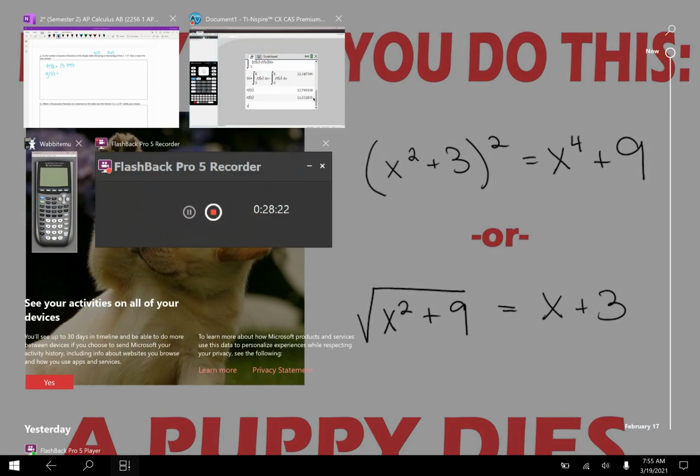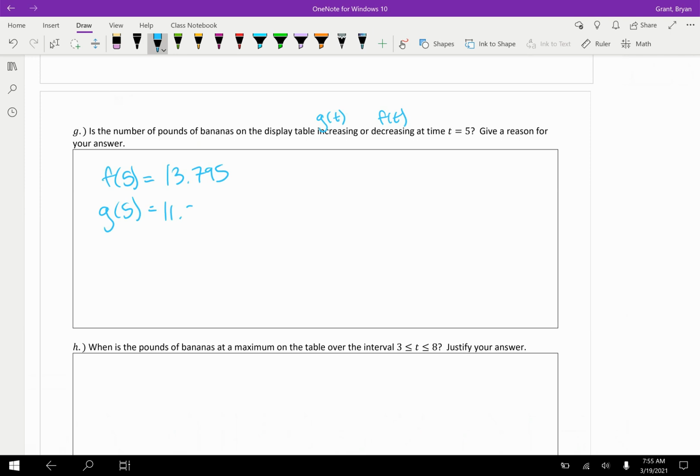And 11.532. Remember, these are both rates. This is our rate out, and this is the rate in. Probably a good idea to write that so you don't mix these up. Well, if the rate out is larger than the rate in, then what's happening at a time of 5? Oh, that's right.